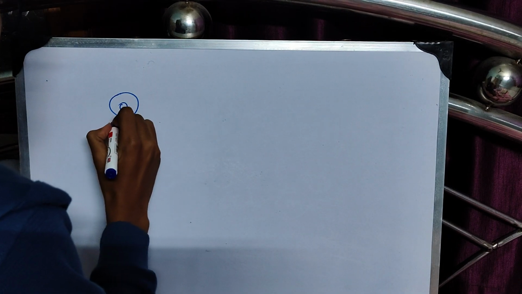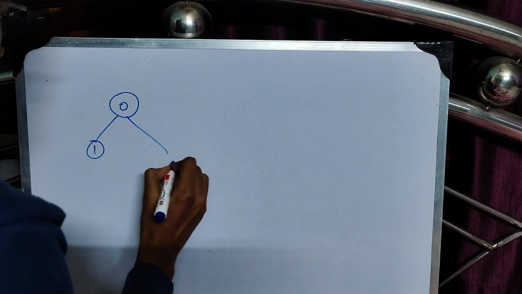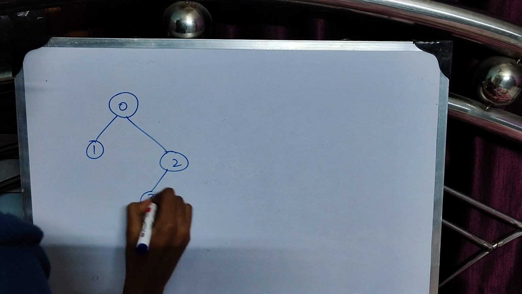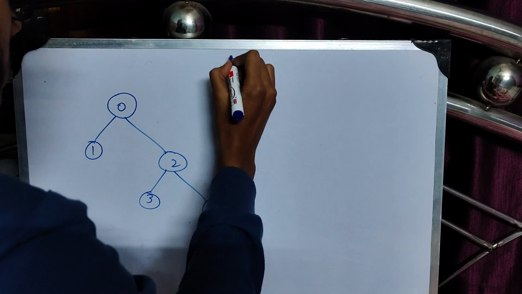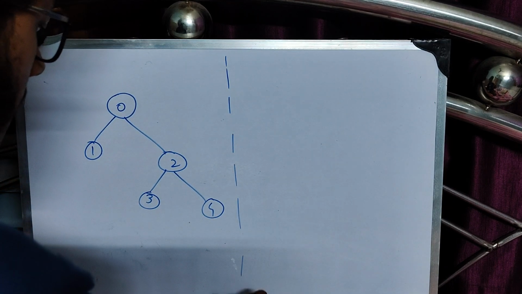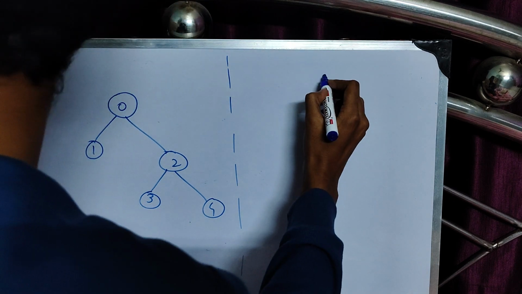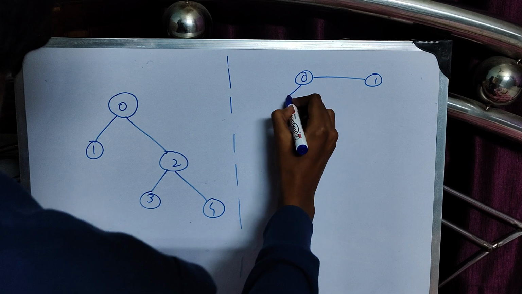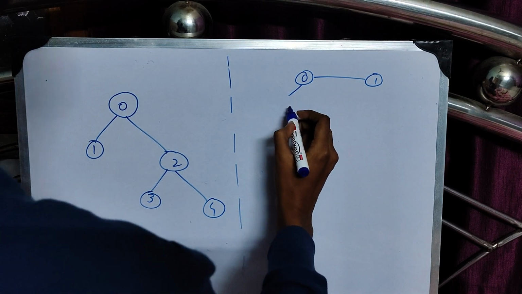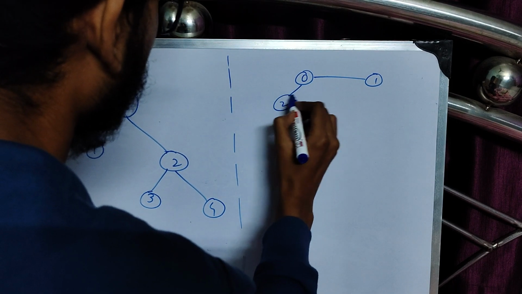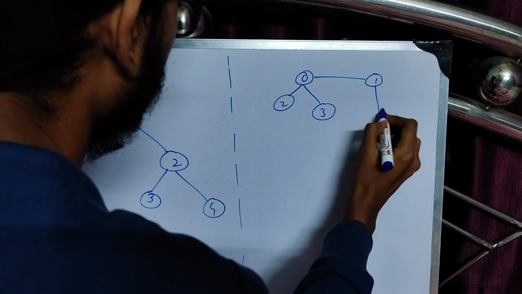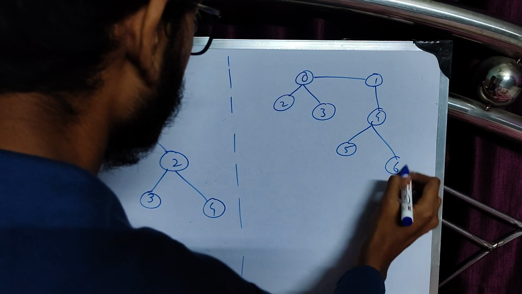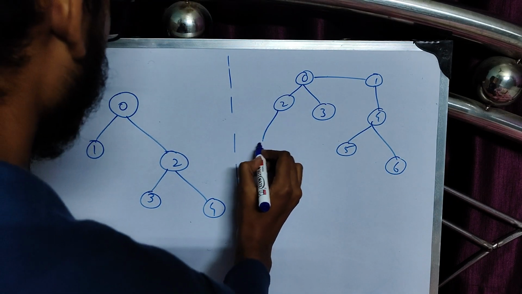Let me draw it beautifully. 0 1 2 3 4. This will be 0 1 2 3 4, 2 3 4, 5 6 7, right?